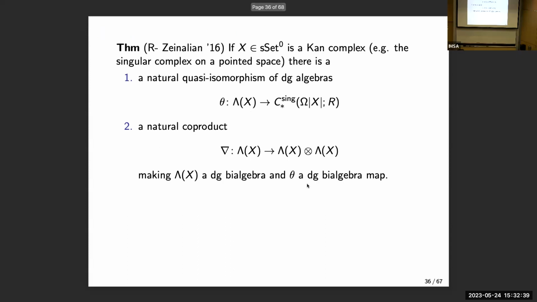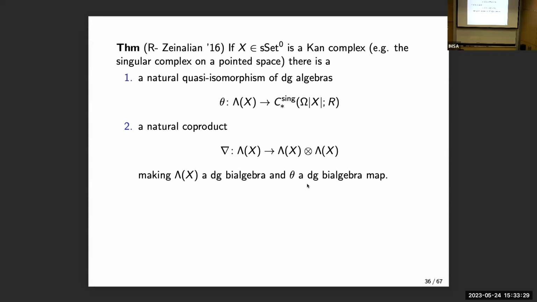So to answer the question that was asked, it's given by this theorem. If X is a Kan complex, a fibrant simplicial set, if, in other words, the one simplices of X have inverses up to homotopy, then there is a natural quasi-isomorphism of differential graded algebras from this construction, which was the Kovar construction applied to the coalgebra of chains, to the singular chains on the base loop space of the geometric realization of X. I should say this is Moore's model for the base loop space.